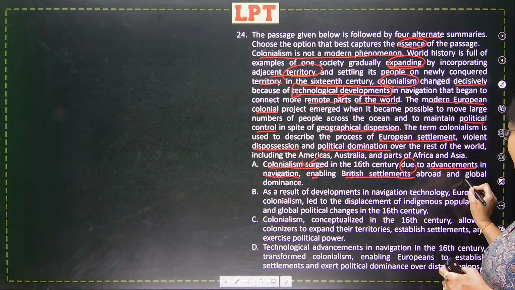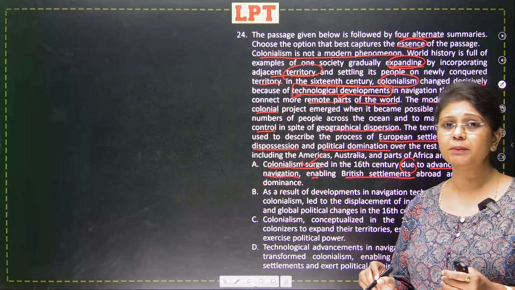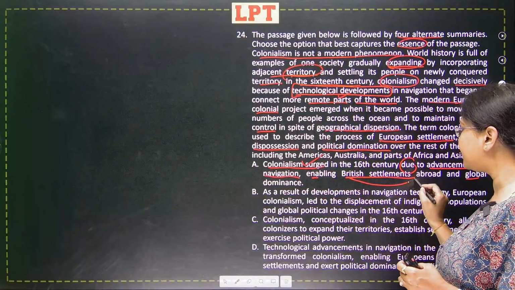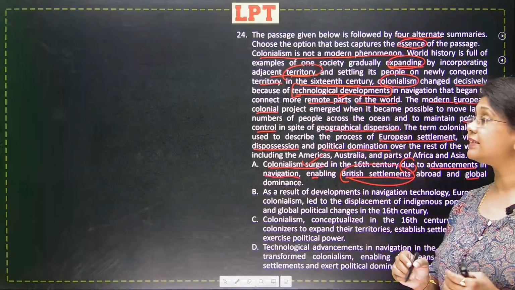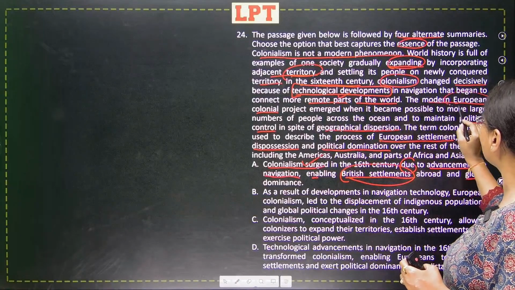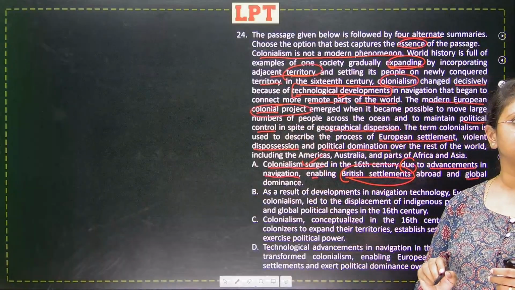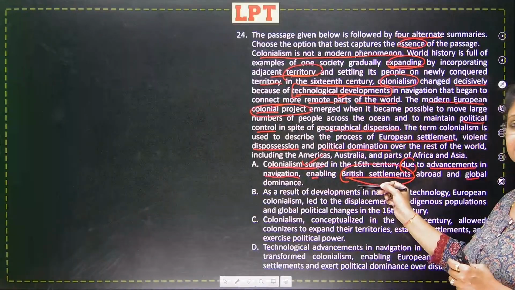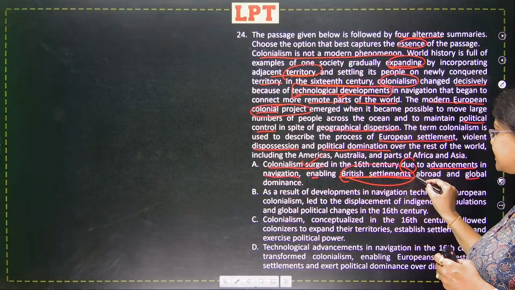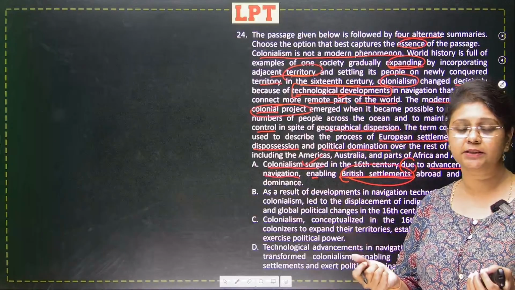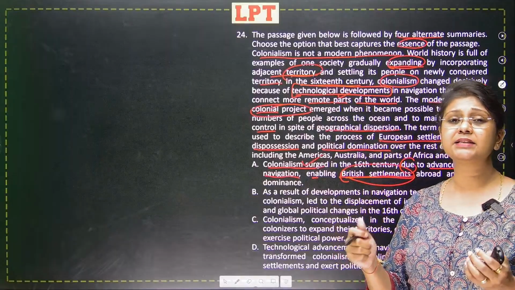We did not talk about global dominance per se, but when you talk about British settlements, we were precisely talking about European colonial projects. And then if you look at this example here, it says British settlement, so the fact is again twisted. Now when you look at this option, understand two things are missing.